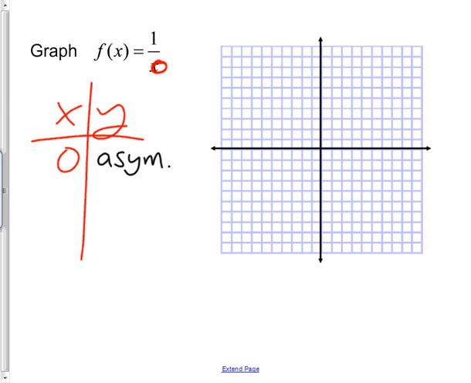Let's talk about how you could have that in the real world, where it gets closer and closer and closer to it, and it never touches it. Oh, very good, yeah. It's sort of like if you want to get out that door there, the door in the classroom. If I want to get out that door, would you agree that it's going to take me some amount of time?